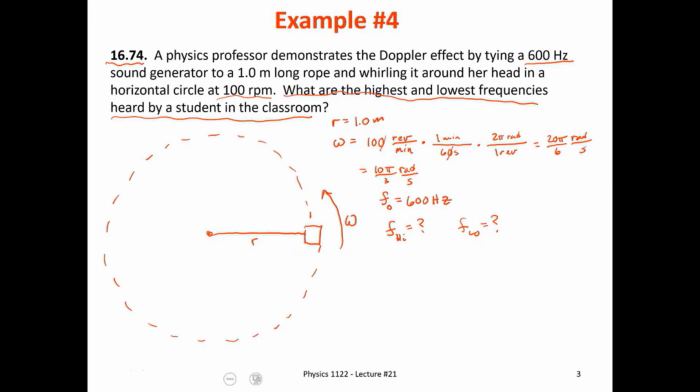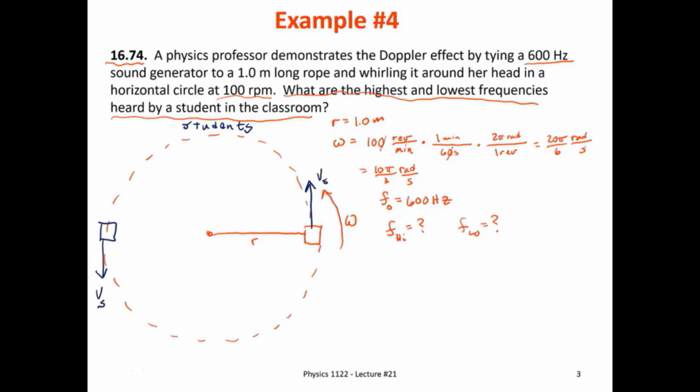And those two frequencies will occur at the extreme points in the motion of the sound box. So if we imagine the audience, the students are sitting out here, then the highest pitch sound is going to be heard when the sound box is coming towards them, and the lowest pitch sound is going to occur when the sound box is moving away from the students, and this would be the speed of the source.